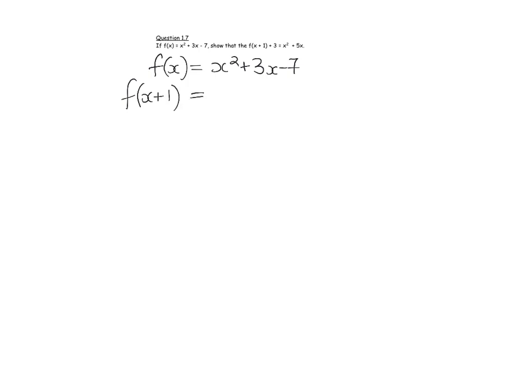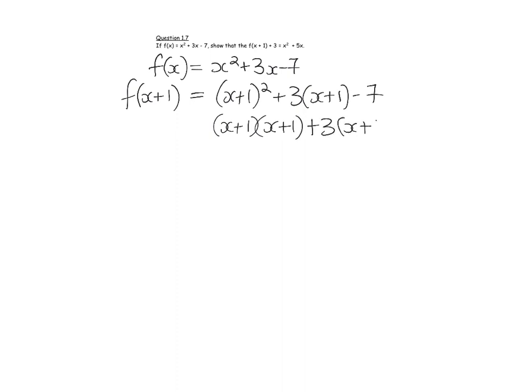So, every time we see an x, we replace it with x plus 1. So x plus 1 squared plus 3 times x plus 1 minus 7. So this is going to become x plus 1 times x plus 1. I hope we're all okay with that. Plus 3 times x plus 1 minus 7.